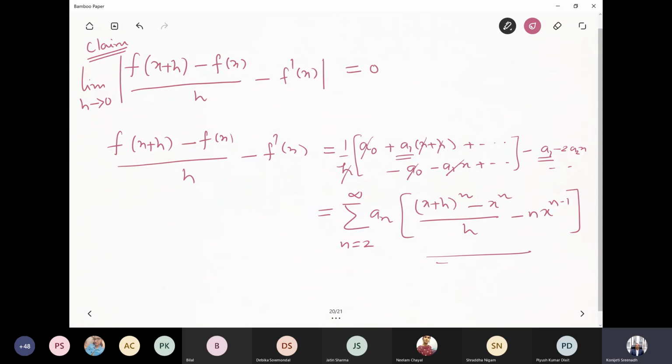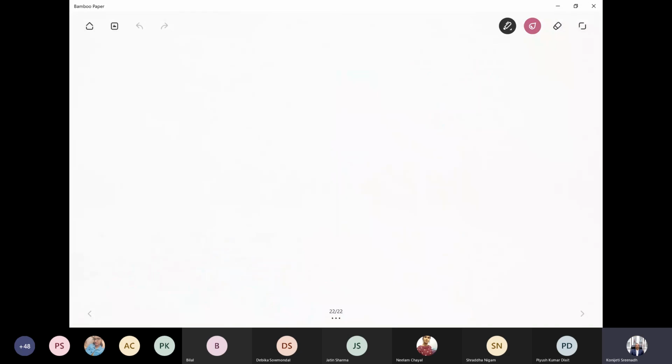The left hand side is the one we have in the previous page. Now let me take that calculation to this: (f(x + h) - f(x))/h.